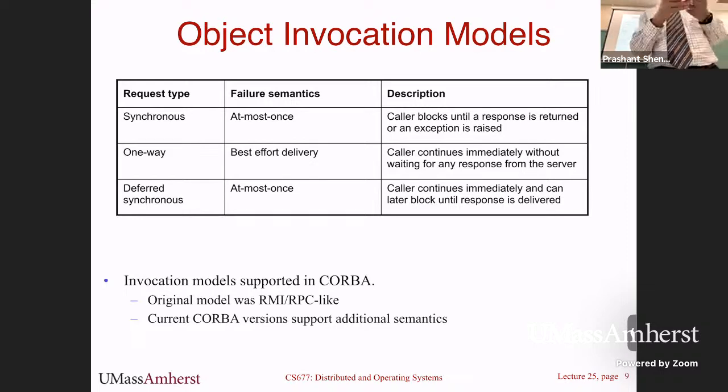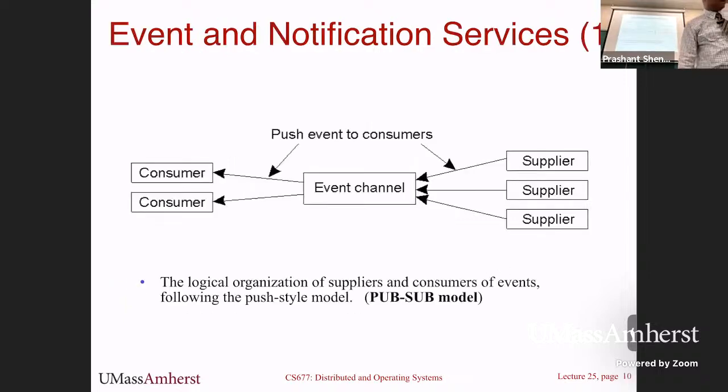Is it a one-way RPC where you just send the RPC, don't wait for an acknowledgement? Is it a deferred synchronous RPC? Is it an asynchronous RPC? So all of these actually came from Corba. They were the ones who decided there are different ways to invoke an RPC call. The standard blocking synchronous one is not the only one. So that's supported here. And we had already looked at that when we talked about RPCs.